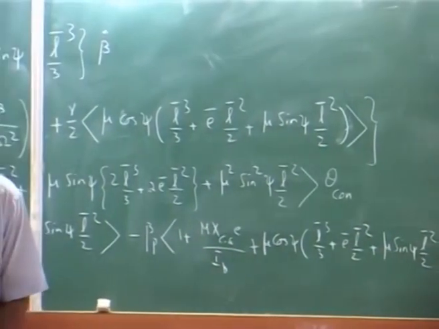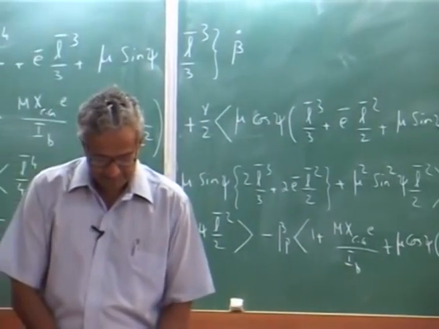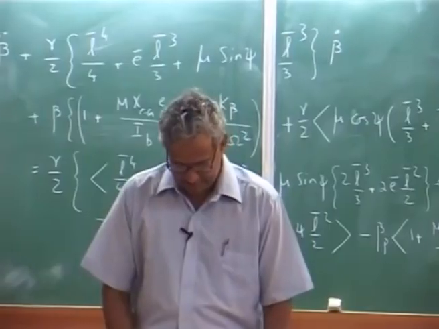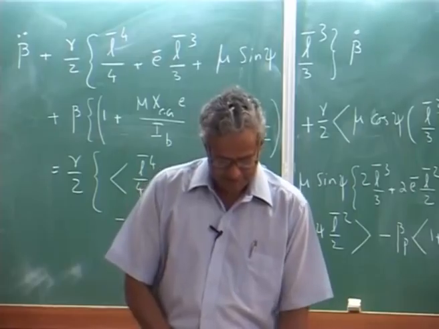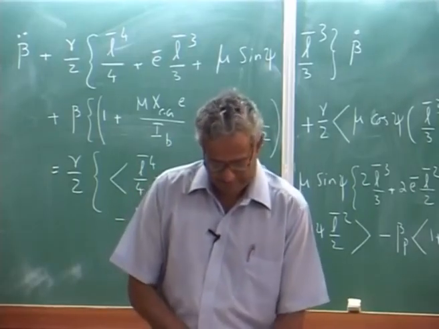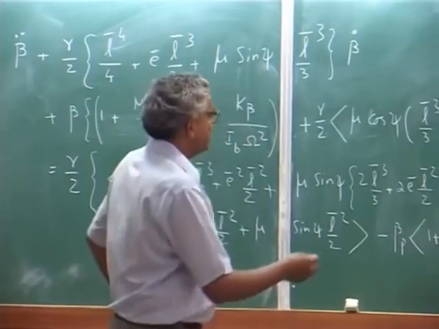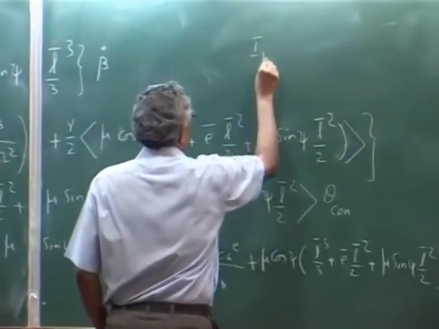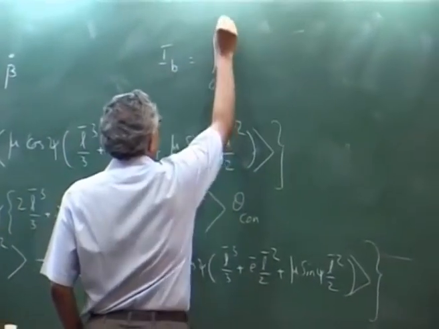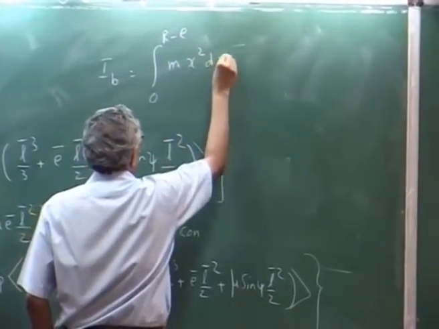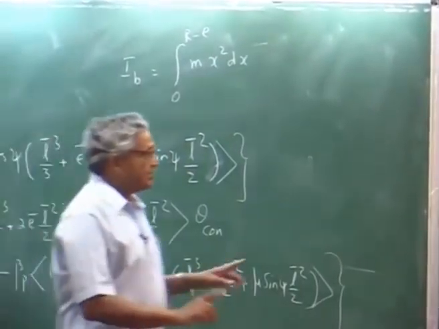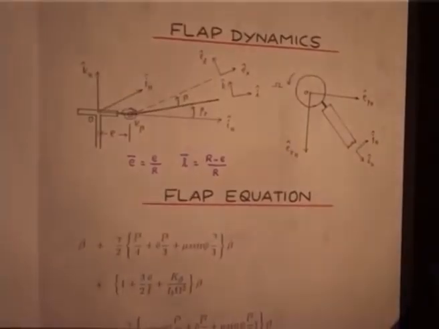Now, I will tell you what those I b are, as a definition, because you have to know what is m x c g, what is I b, etc. Because I b is the integral 0 to r minus E of m x squared dx, okay, x starts from the hinge offset from here, basically moment of inertia.